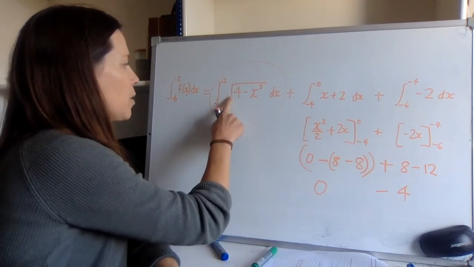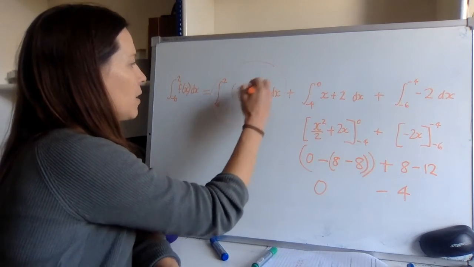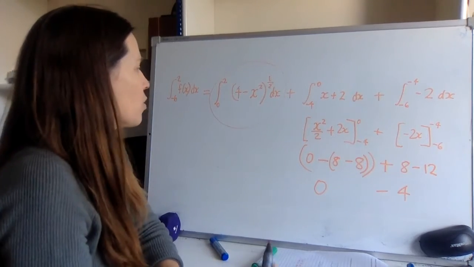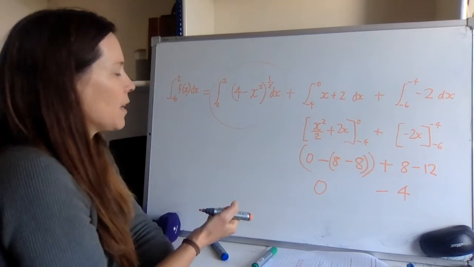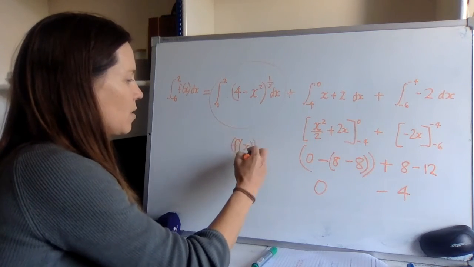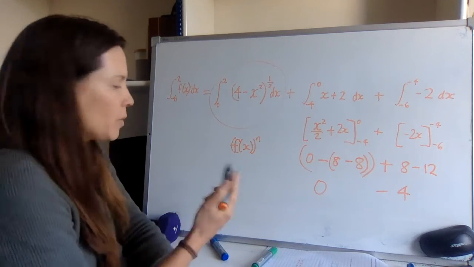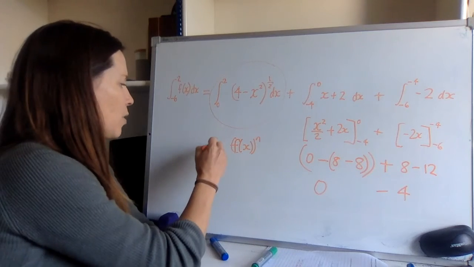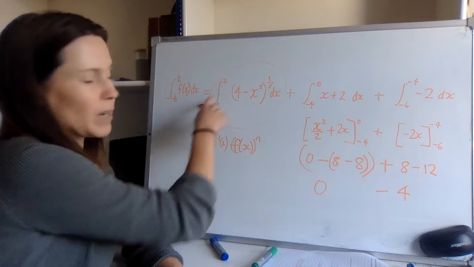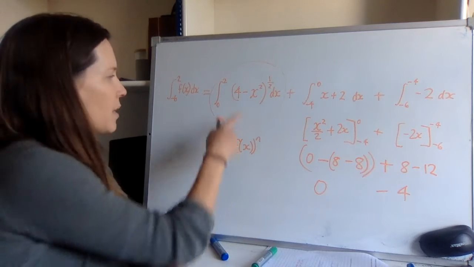This bit here, you're probably going to be tempted to have a look at it with this, but we haven't actually got any rules for reversing the chain rule here. And that's because if we've got some function and it's raised to some power, normally we can integrate that only if what's out the front is f dash x. And we don't have minus 2x, or in fact any x's out the front here.